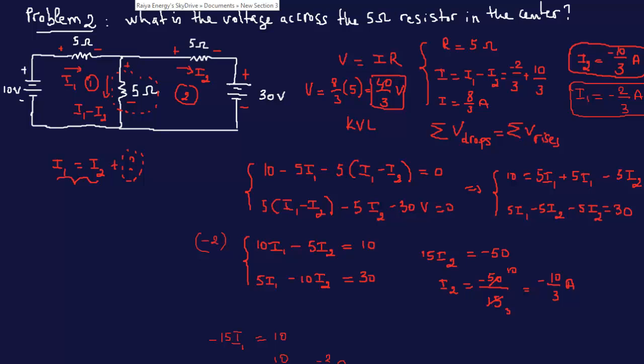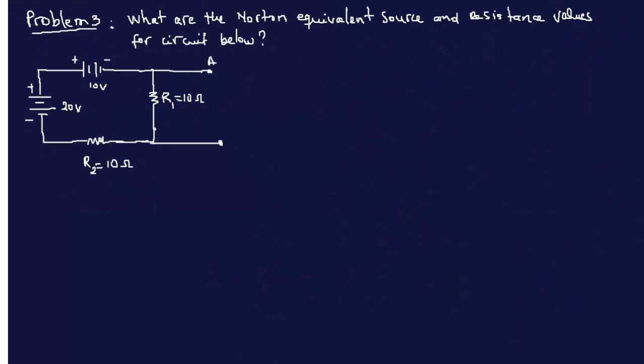Okay, next problem. What are the Norton equivalent source and resistance values for the circuit below? Okay, so Norton source, and so this is asking for I Norton and R Norton.